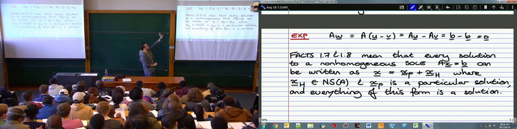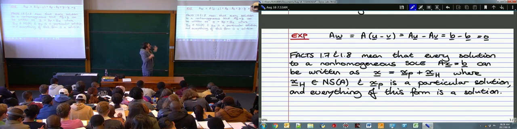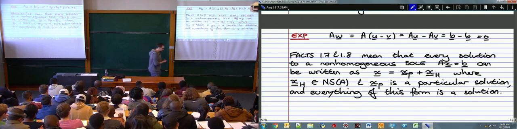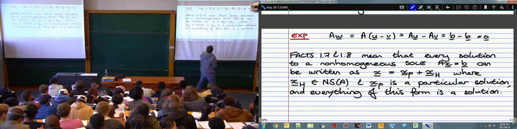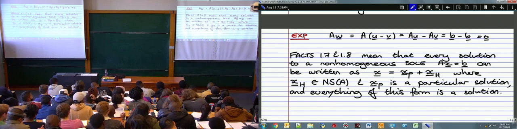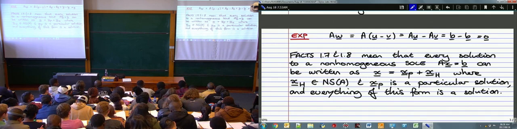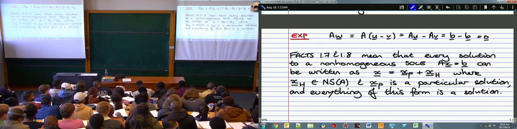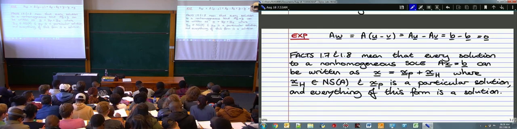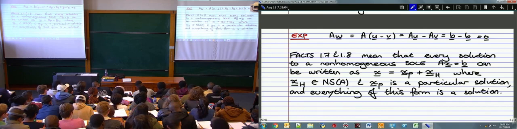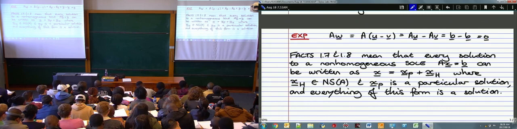So fact 1.7 and 1.8 together mean that every solution to a non-homogeneous system of linear equations, AX is equal to B, can be split into two pieces. There's XP, which is just a particular solution to AX is equal to B, plus XH.